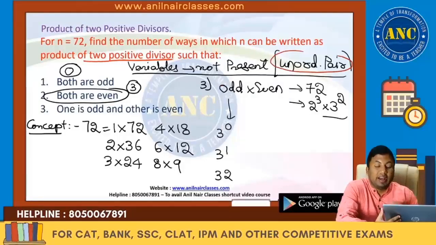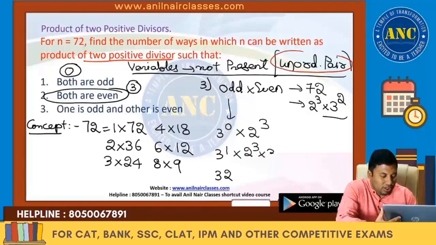Am I right? I cannot take 2 power 1 or 2 power 2 because 2 is an even number, and 2 square, 4, is an even number. So this can be 2 cube. Are you all with me?